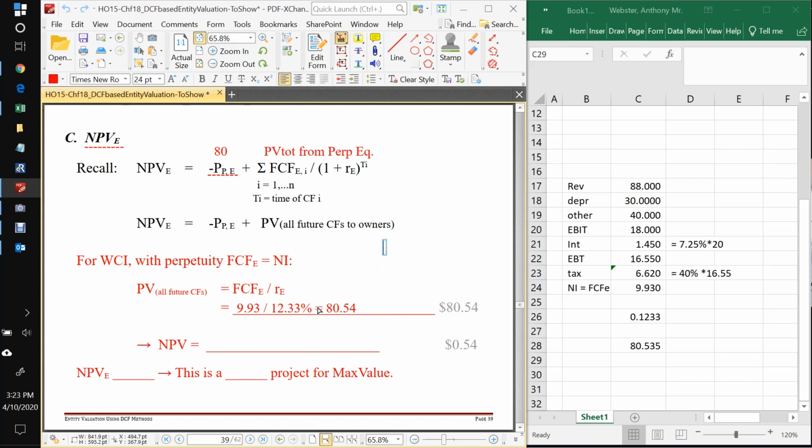Okay, so that's the present value of all the future free cash flow dividends that they would get from the firm if it stayed in steady state forever and they were lucky enough to live forever and own it forever.